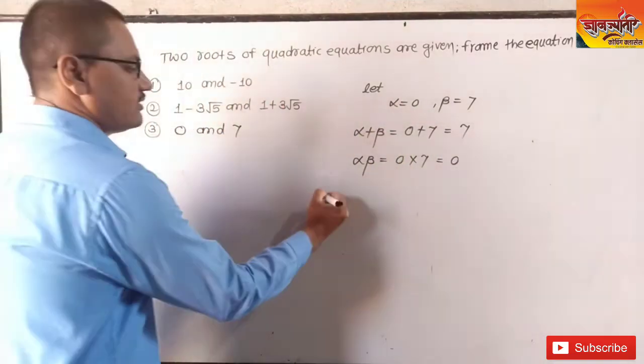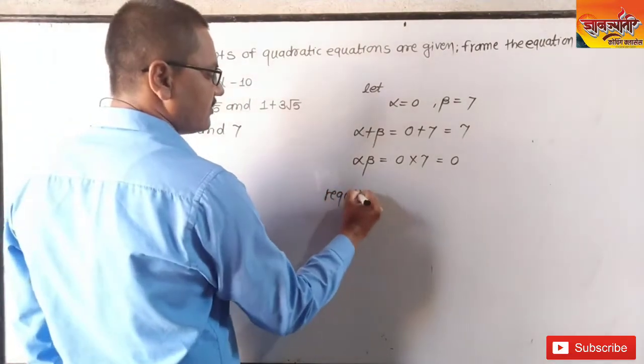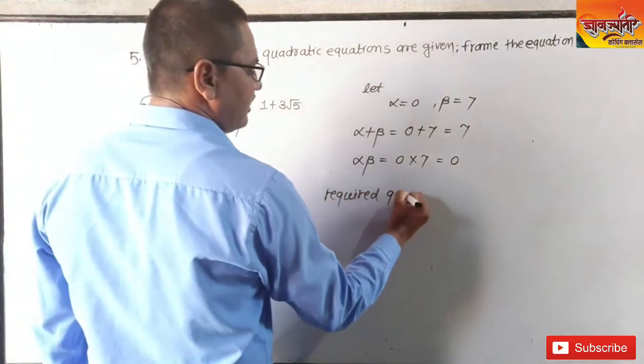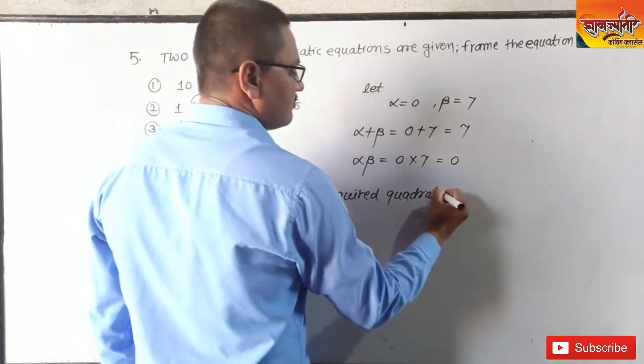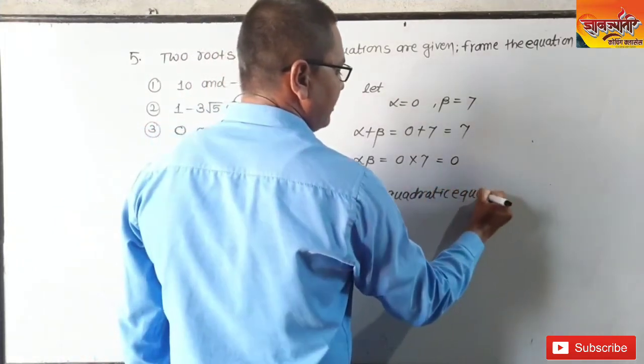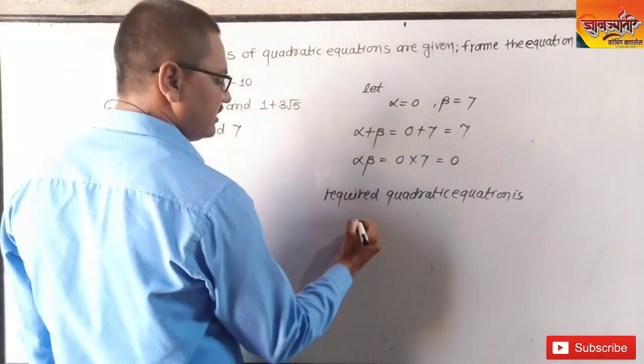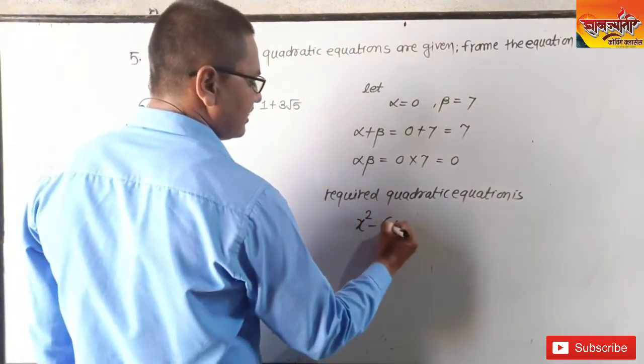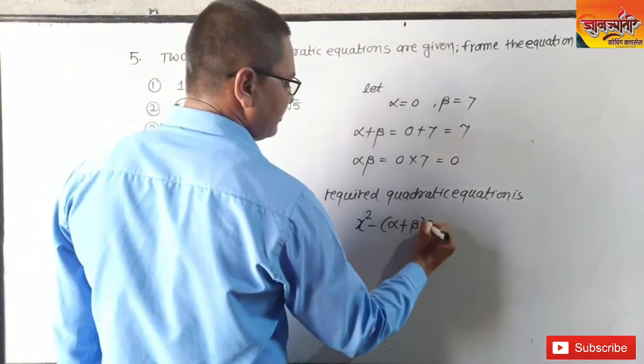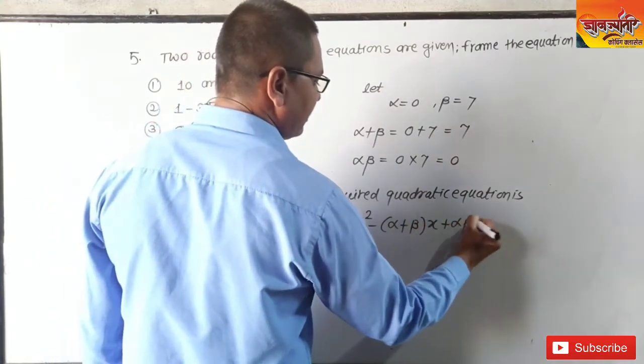Then the required quadratic equation is in the form x square minus (alpha plus beta) into x plus alpha beta is equal to 0.